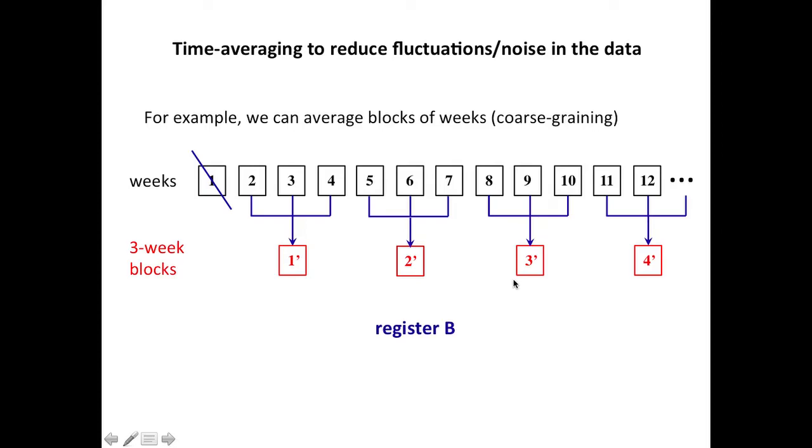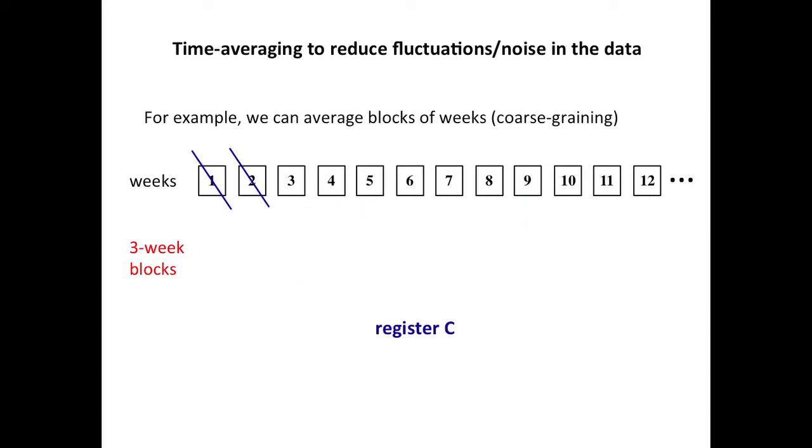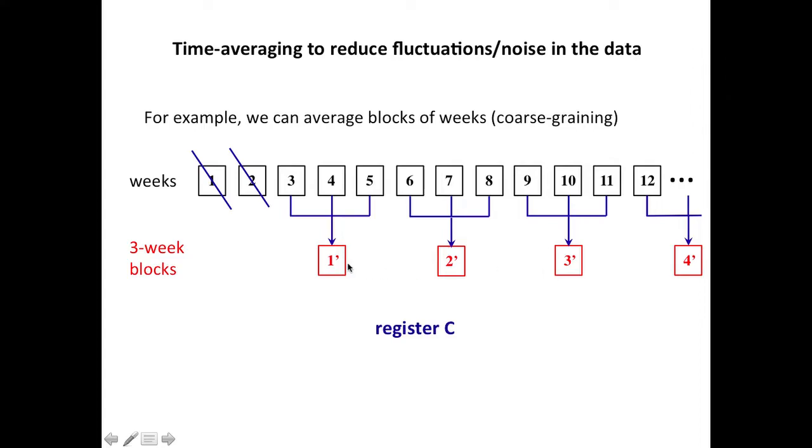And if I have 3-week blocks, then I have a third possibility. I could ignore the first 2 weeks and start with week 3 and bring 3, 4, and 5 together, average those data points, then 6, 7, 8, and so on. And I would have a third different set of these blocks.